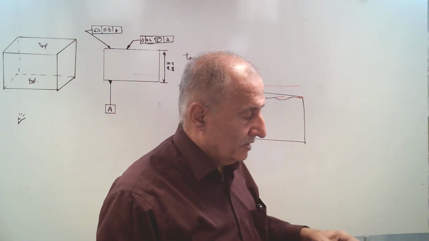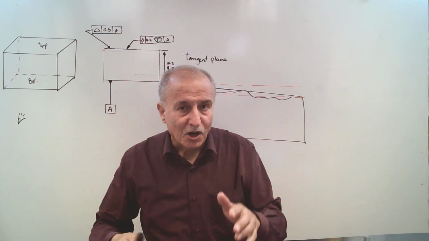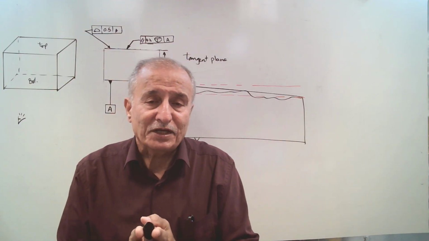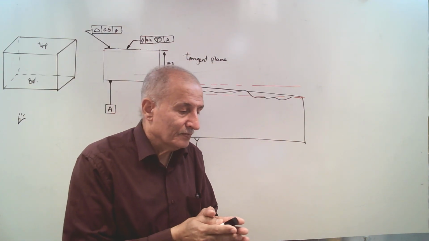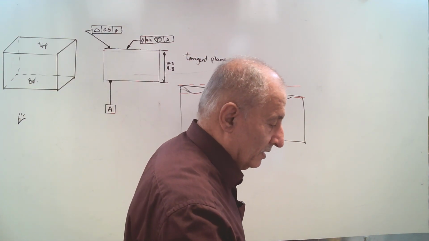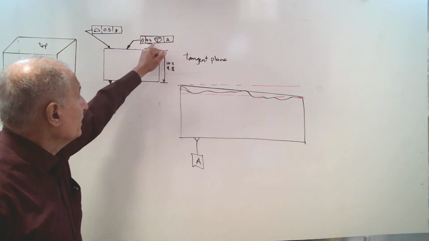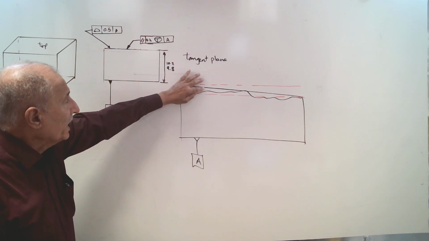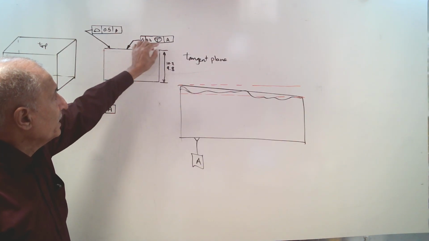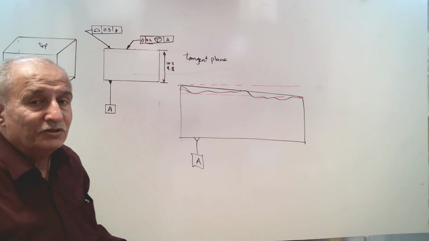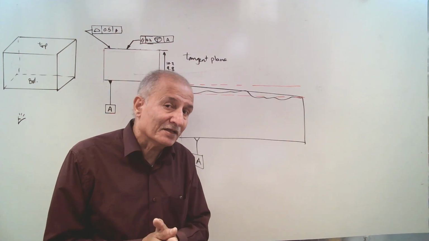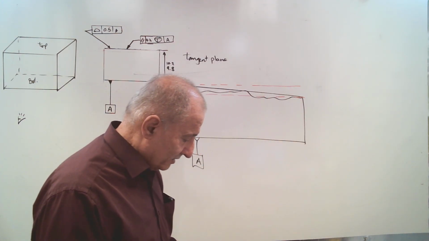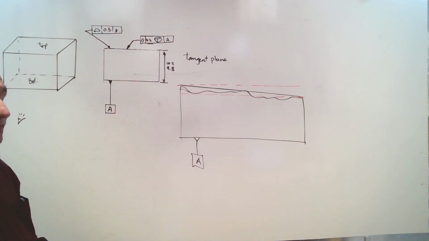Okay. All lower points and upper points must be in a zone whose size is 0.5. If we don't have the T modifier, we don't have a tangent plane, and the orientation parallelism also controls flatness as well. That's for flat orientation that applies to a feature.